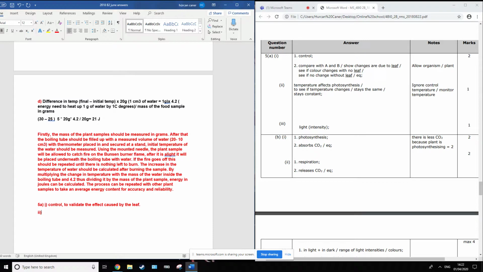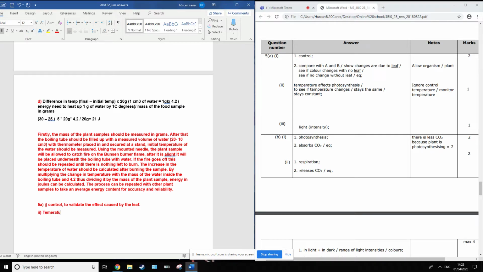So, students investigate how light affects photosynthesis. Temperature is a factor that affects photosynthesis, isn't it? Yes. And light intensity. Exactly.